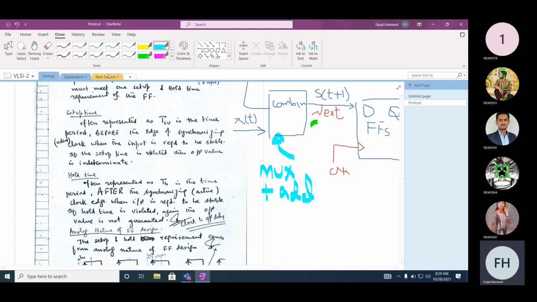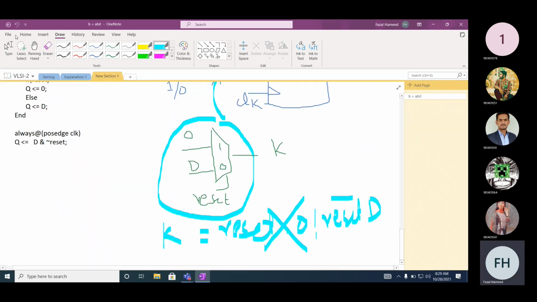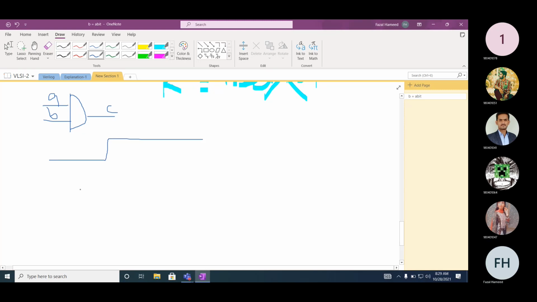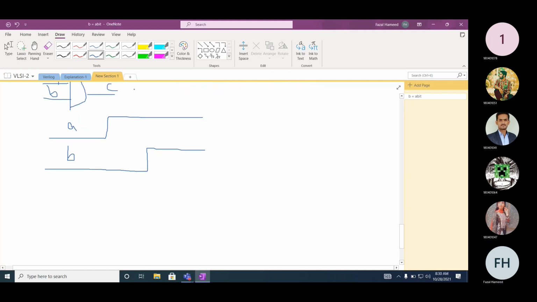Now let's assume a scenario that we have an AND gate. The inputs are A and B, and the output is C. When will the output change at this point instant?